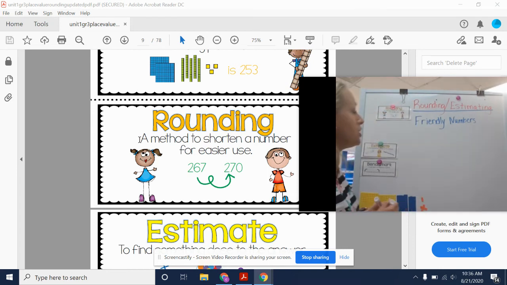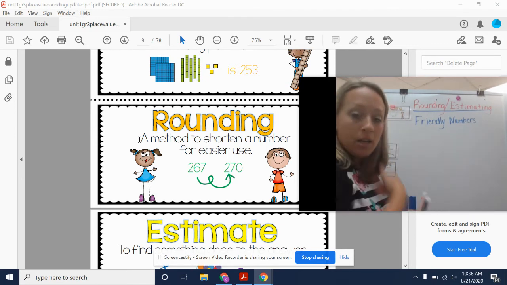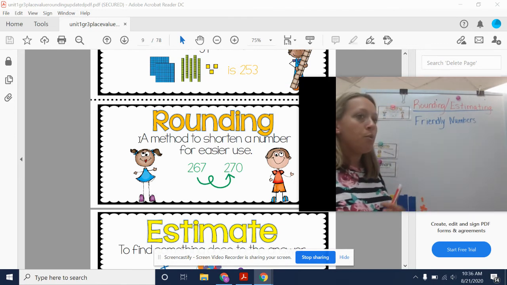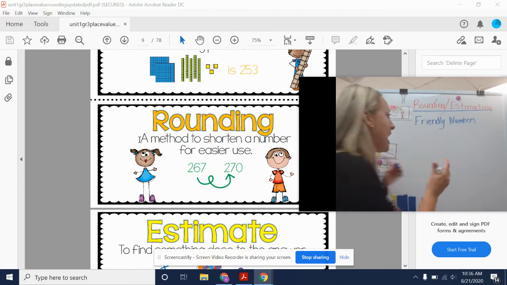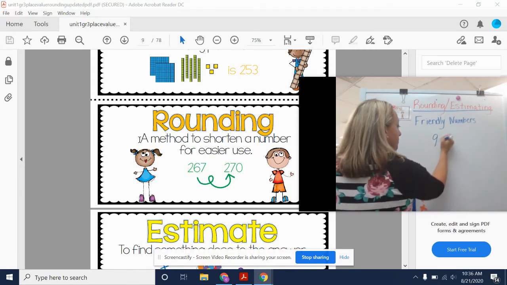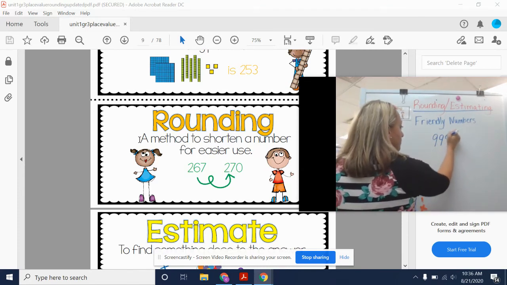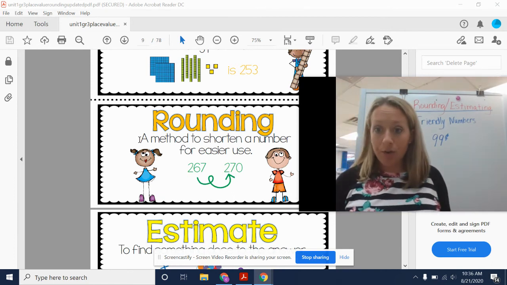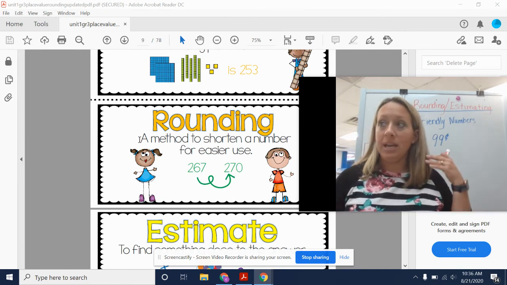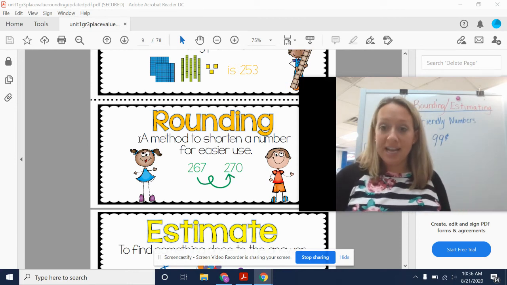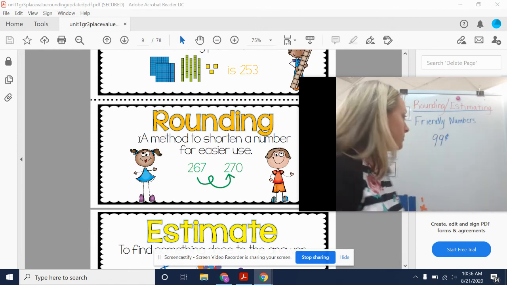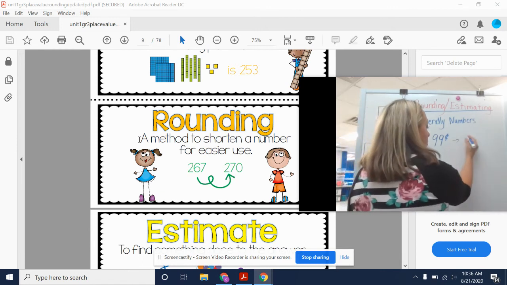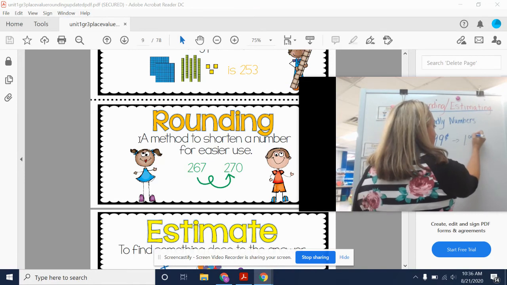If I told you that you owed me 99 cents, I said that thing cost 99 cents. And you ran to your parents and you needed to tell them really quickly how much money you needed. You probably wouldn't tell your parents that you needed 99 cents. What would you tell them that you needed? You tell them that you needed $1. It's just easier that way.